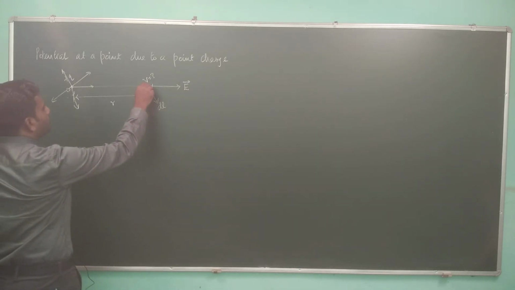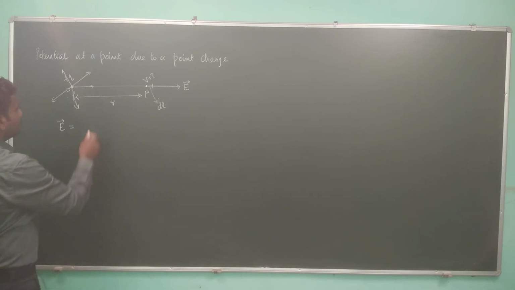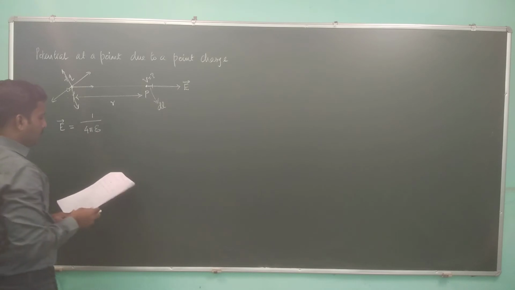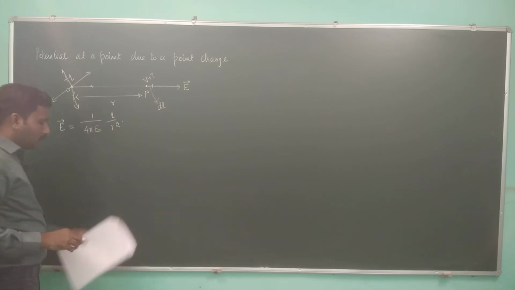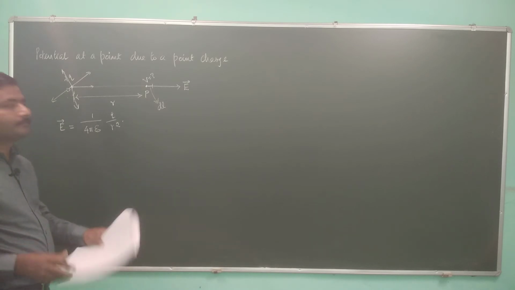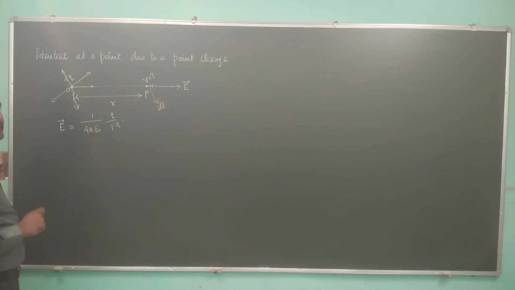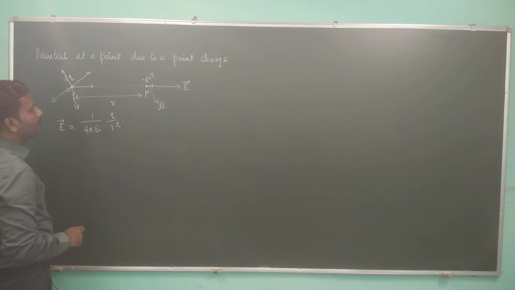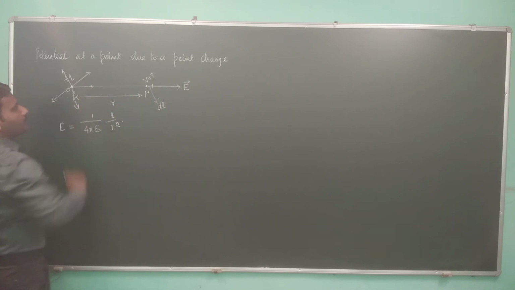At point B, we can write the electric field E as 1 by 4 pi epsilon naught q by r square. This is the magnitude, not the vector, of the electric field at point B.